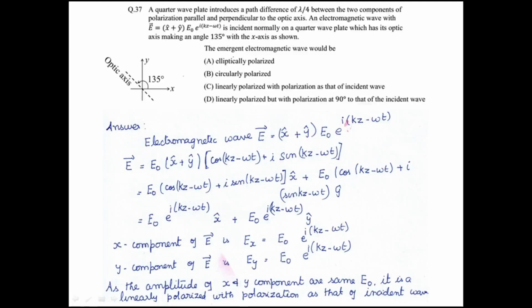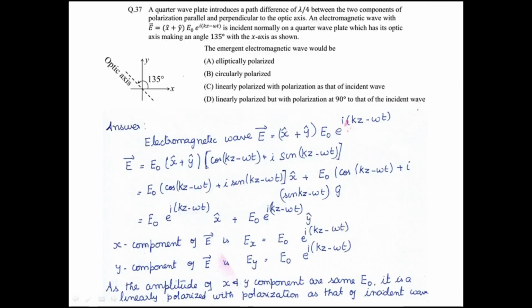The emergent electromagnetic wave would be: option A, elliptically polarized; option B, circularly polarized; option C, linearly polarized with polarization as that of the incident wave; option D, linearly polarized but with polarization at 90 degree to that of the incident wave.